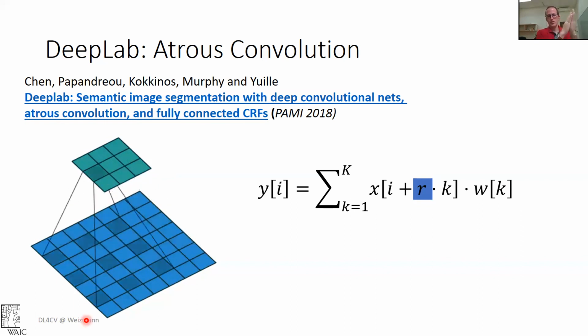But since we are doing it on all the pixels without strides, it's like we did a subpixel striding of this lower network. So dilated convolution enables us to simulate a stride and to simulate a larger receptive field.